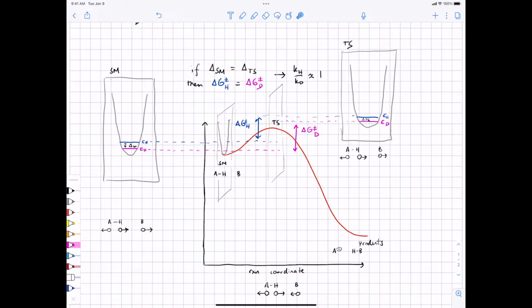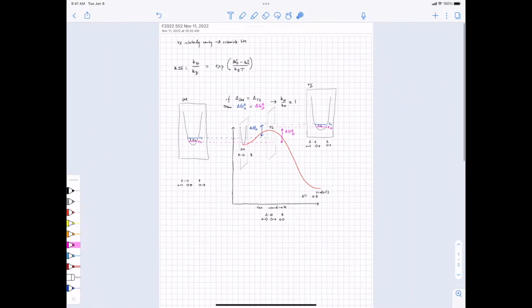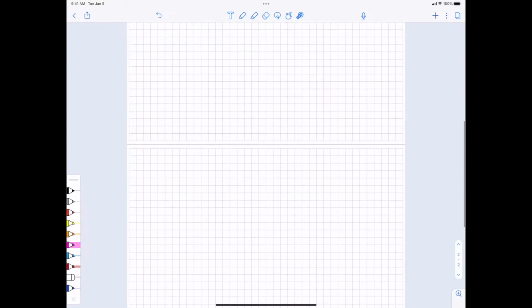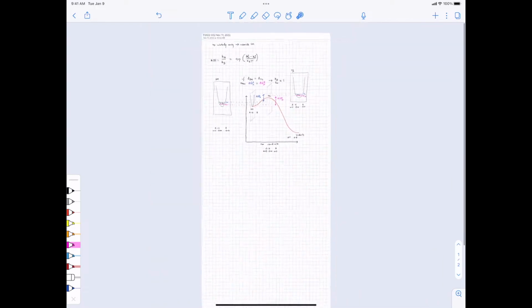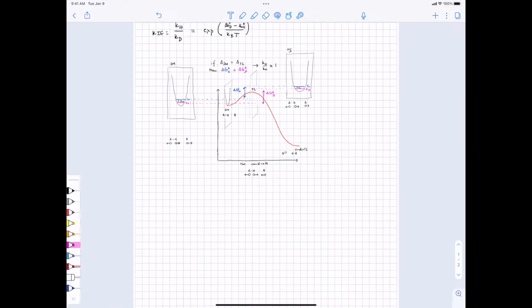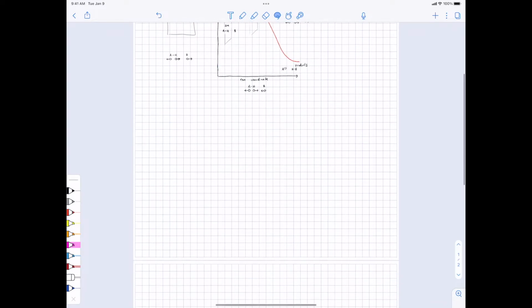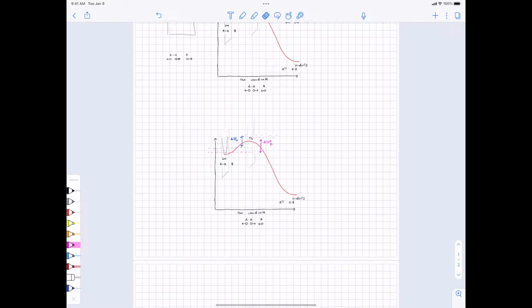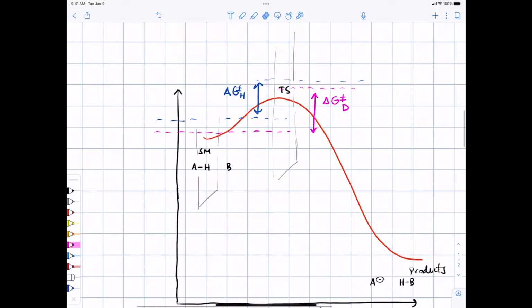All right. Now let's illustrate a situation where you might expect to see a large kinetic isotope effect. We're going to use the same kind of energy diagram, only we're going to have the transition state be neither early nor late, but fairly separated in energy from both starting materials and products.